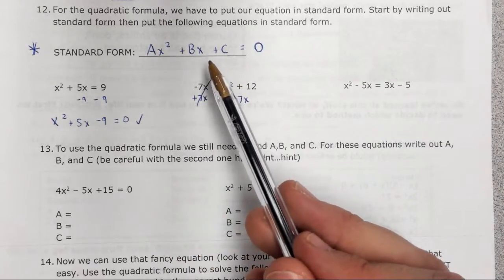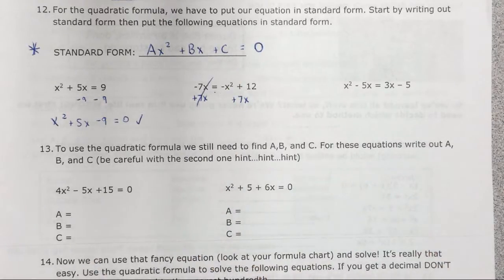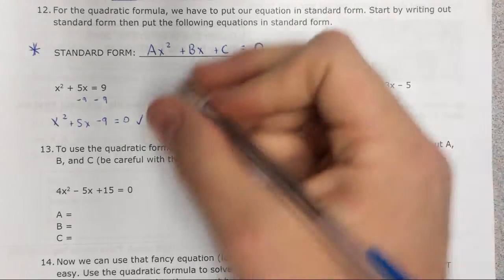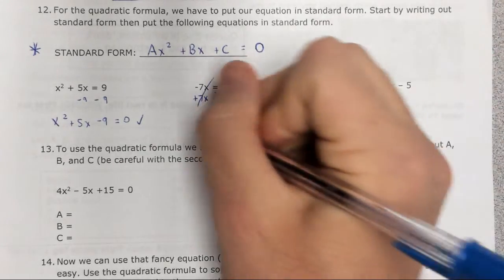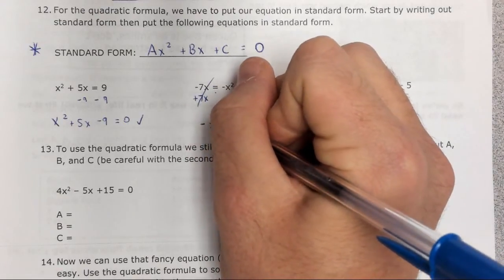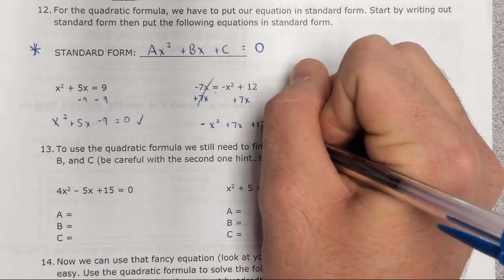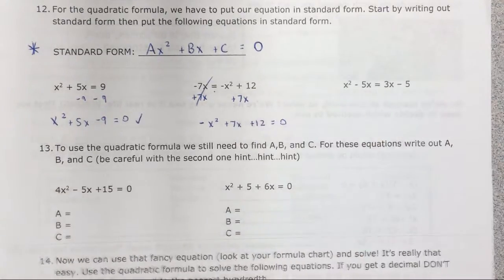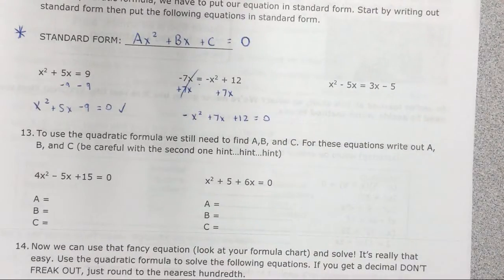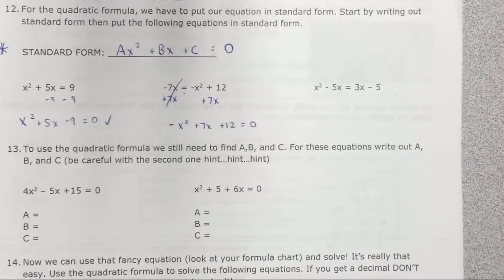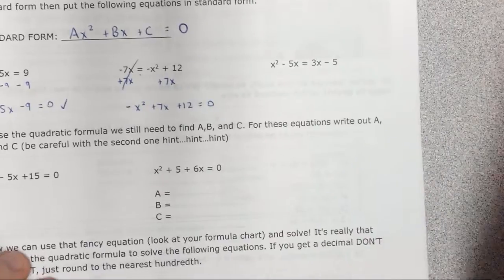X squared, x, the number. When I'm rewriting this down, I need the x squared, the x, then the number, and that's equal to 0. So make sure you're putting it in the right order, because if you're not, your brain's going to explode.